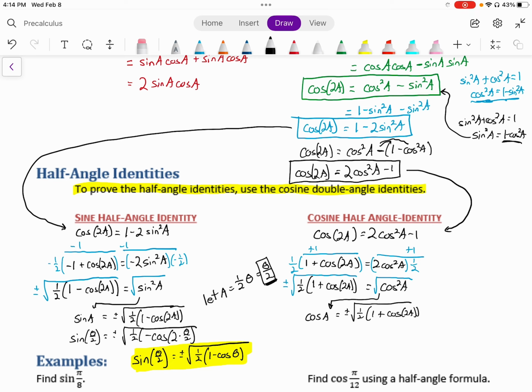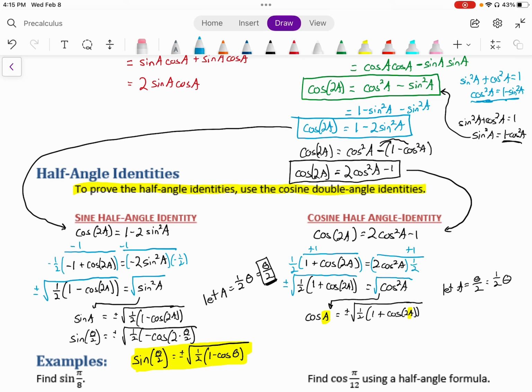And what we're going to do again here is we're going to let a equal theta over 2, or 1/2 theta, whichever way you want to think of it. And so when we plug that in for both a's in here, it will get us this half angle identity.